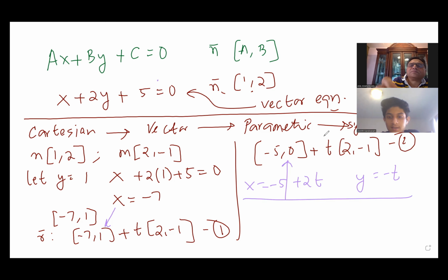Sir, we can say that (x plus 5) over 2 is equal to 1, which is equal to -y in this case. Do you see that? So forget t, equate this, and you get the symmetric equation, correct? Correct. So that is how you can convert one form of the equation to the other form.